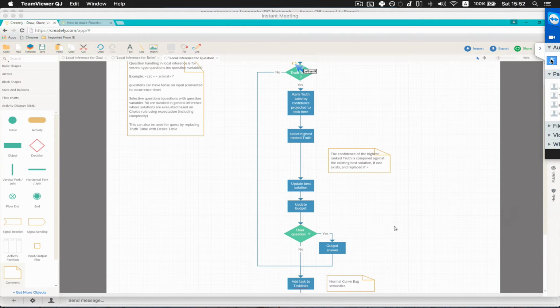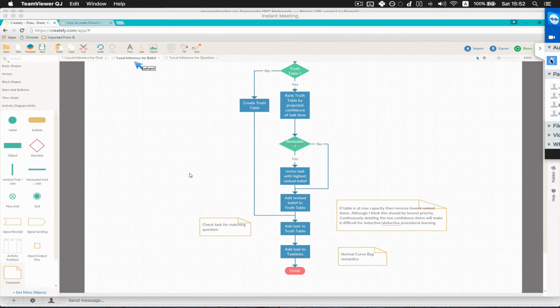Yeah, this bit does, but in the concept where we have a question table, which we haven't got yet. So if we create this list of questions that we have to check against, does it also check for selective questions as well? No, the local inference based answer search is only for yes/no questions.